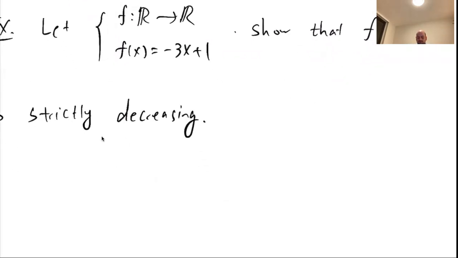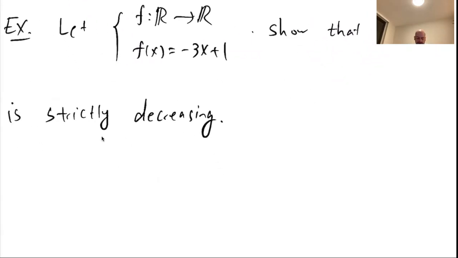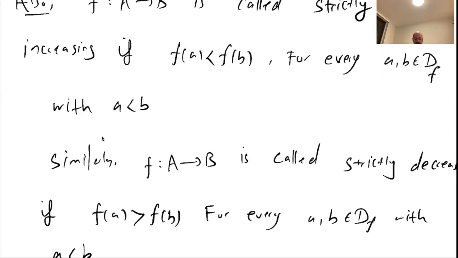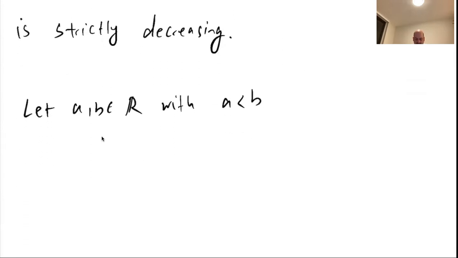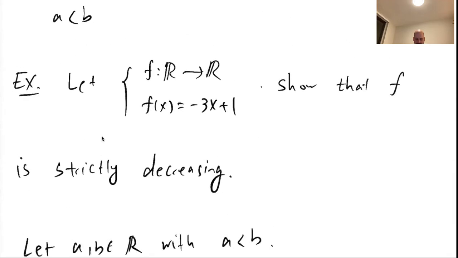How can I do proof in general? So I can start with some a and b. So let a and b in R with a less than b, right? Then I need to show that f(a) is bigger than f(b), since it's strictly decreasing. Then f(a) is how much?